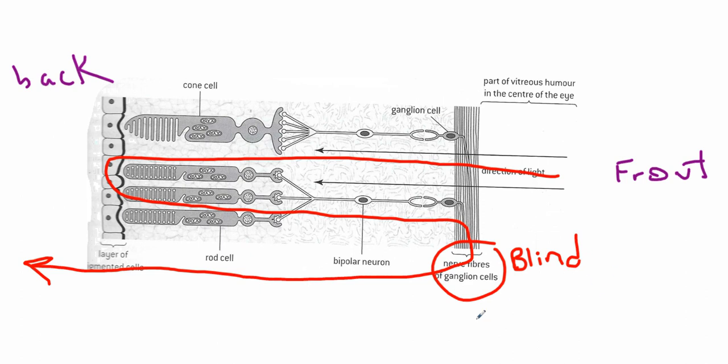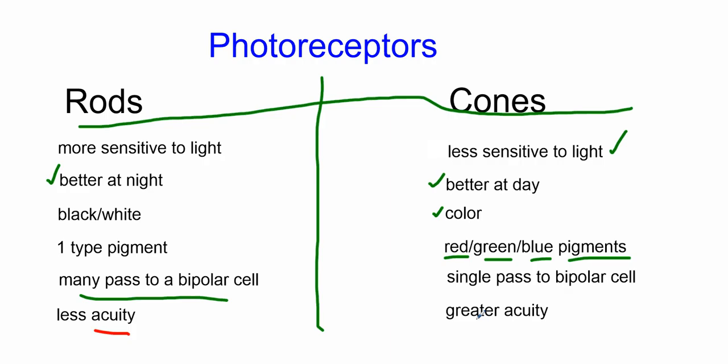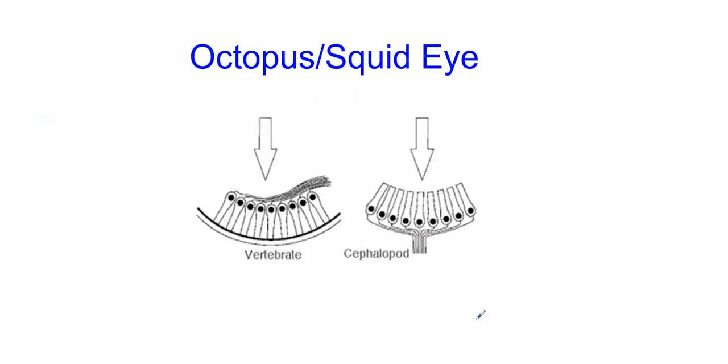However, there are some animals that have come up with a better solution, the octopus and the squid. So here's what we do, right? We come in like this, then we come out to the optic nerve, and then this guy goes in here. Not so for the octopus and the squid. For them, their rods and cones are backwards.